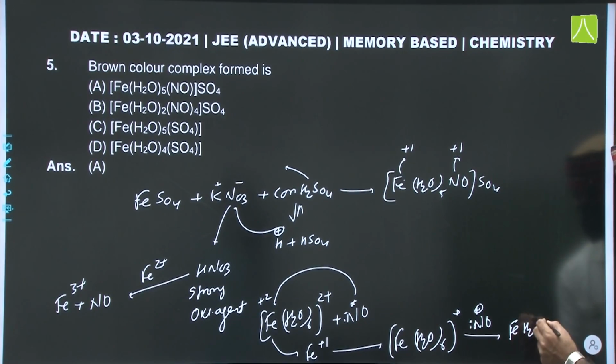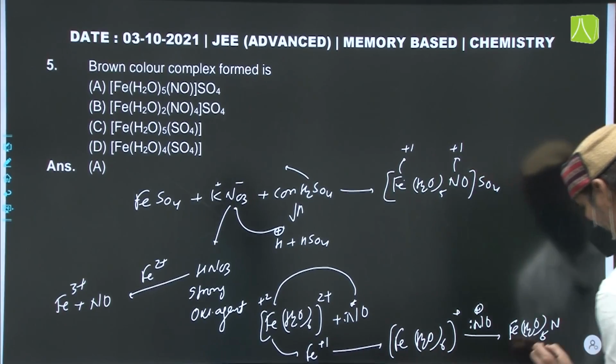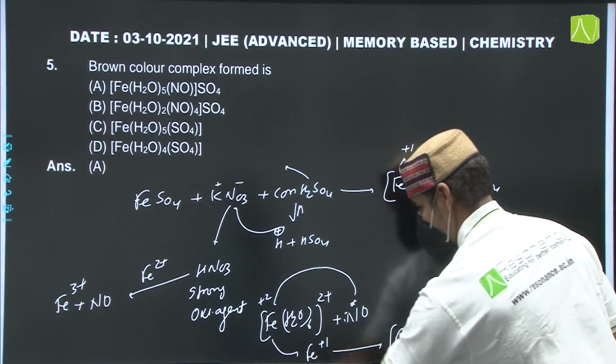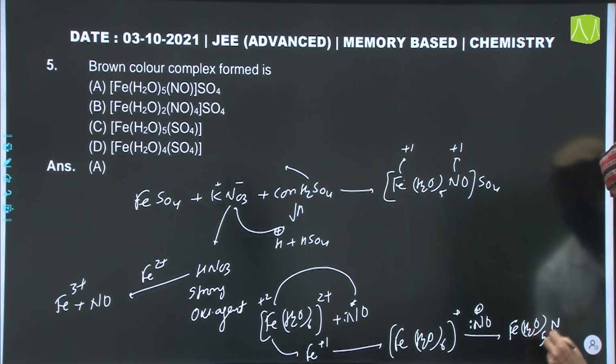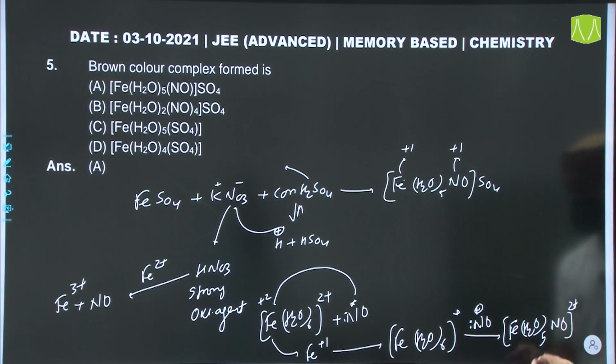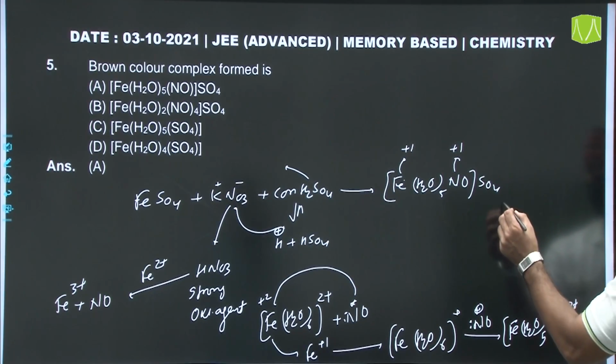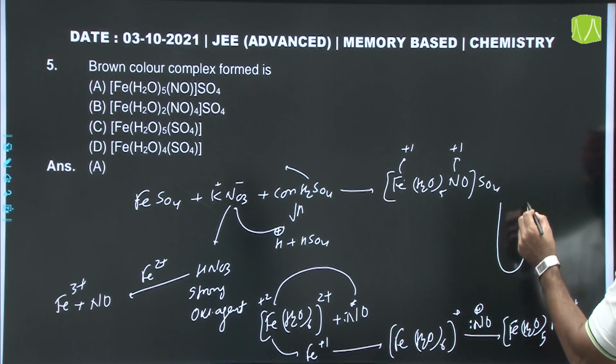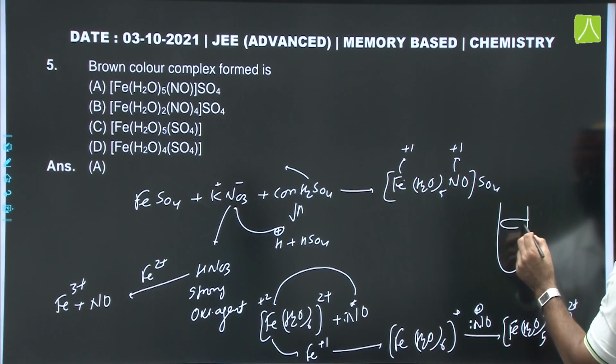[Fe(H2O)5NO]2+ complex. This complex has brown color and is formed at the interface of two liquids.